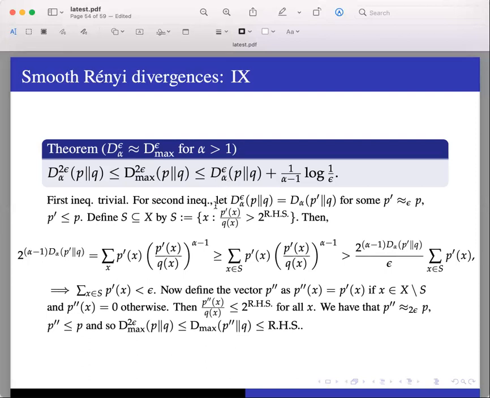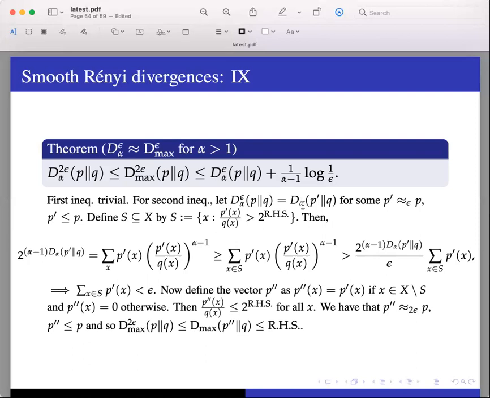So for the second inequality, let's see. This is the smooth Renyi entropy of order alpha. Let us say I have this vector p prime less than or equal to p, and epsilon close to p in L1, which attains the optimum for the smoothing definition.